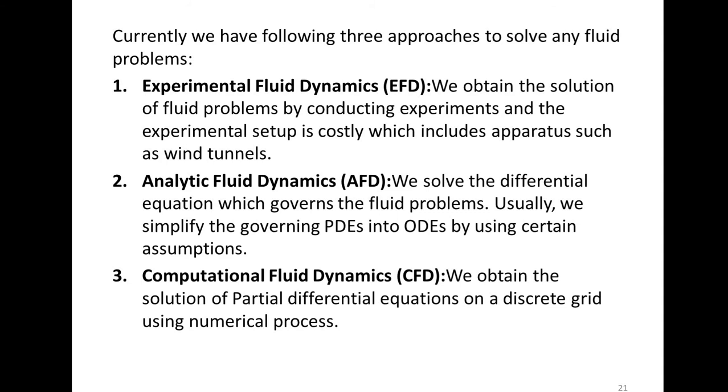So computational fluid dynamics uses a numerical process. Yeah, a numerical process can give an approximate answer or result. So we can get the answer up to desired accuracy, though not the actual answer. So we don't care about a minimum error that we are going to possess using a numerical process.